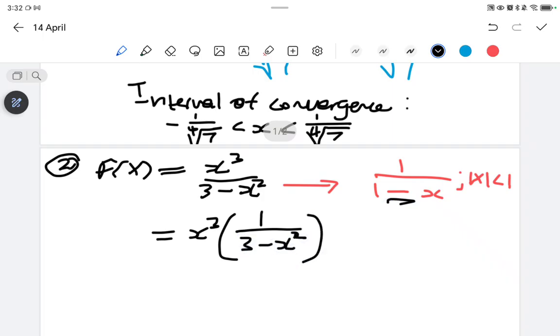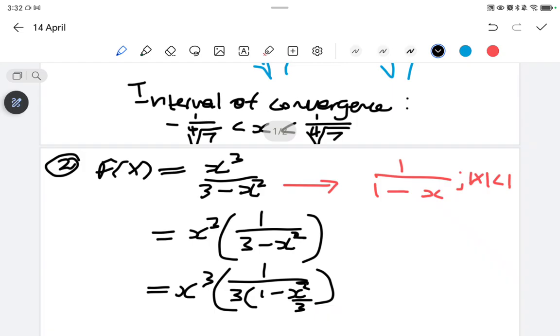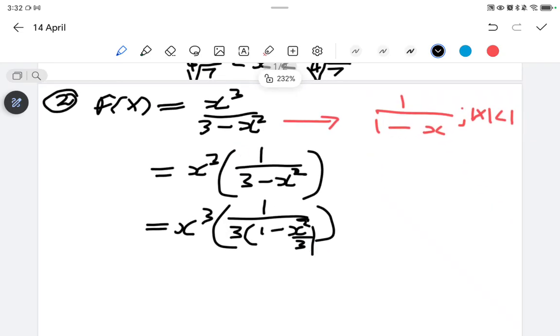Here we need a minus, it's correct. This one is fine. Here we need 1, so we must factor out that 3. We're going to have x to the third over 3 times 1 minus x squared over 3.